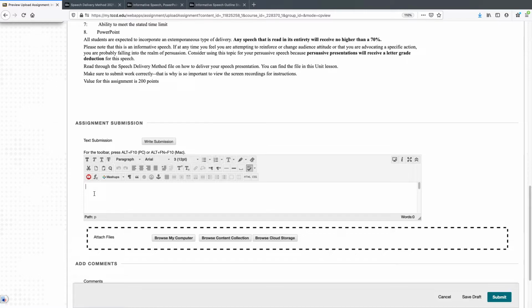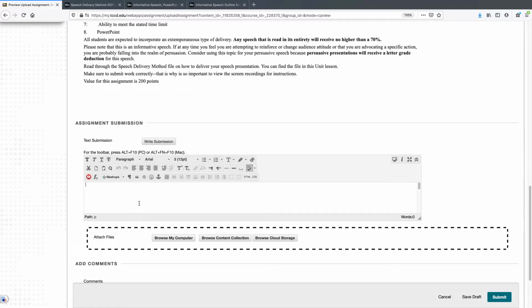You have uploaded it in YouTube, and now you're going to copy and paste the YouTube link to this text box right here. So first you would click on Write Submission, then click in this text box and copy and paste the YouTube link of your informative speech in this text box.